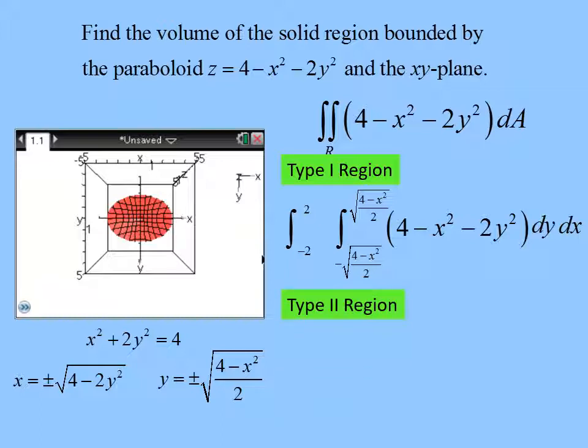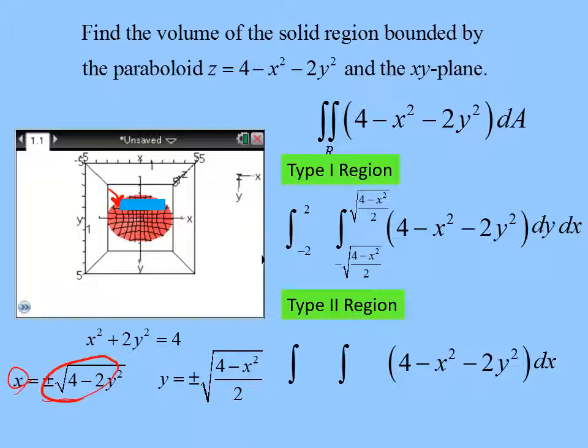Now, as a type 2 region, we want to integrate first with respect to x. And again, we will use our rectangle, and we need the left side of the rectangle in terms of x's. And so we've got x equals this.